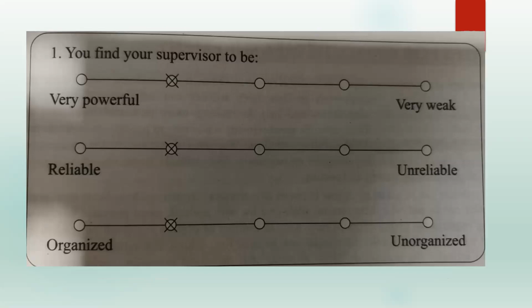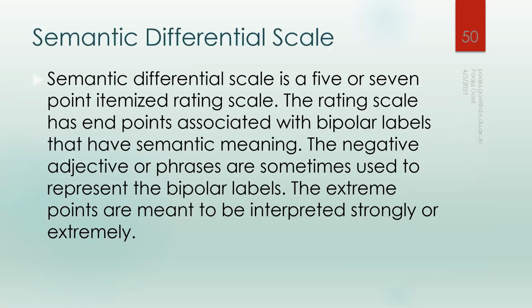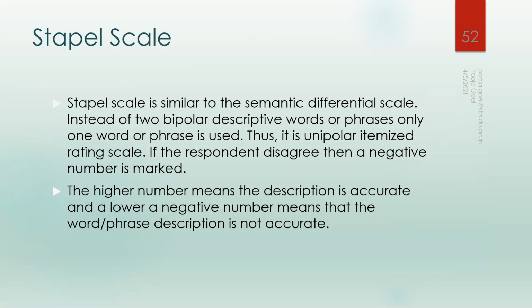It's a little close to a continuum, but in a continuum there are no fixed points, there are n number of points, you can enter anywhere, right? But here you have just 5 points, and we have named only 2 points. The extreme corners we have named, but in between we have not named. So this is the difference between a continuum and this particular semantic differential scale.